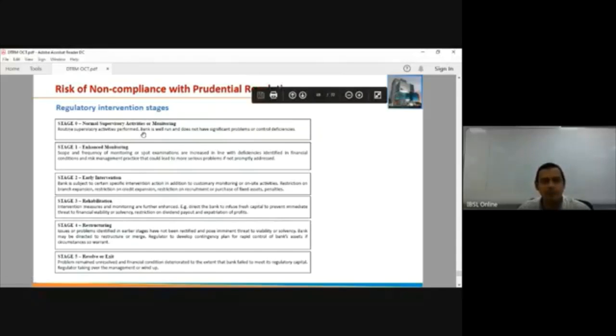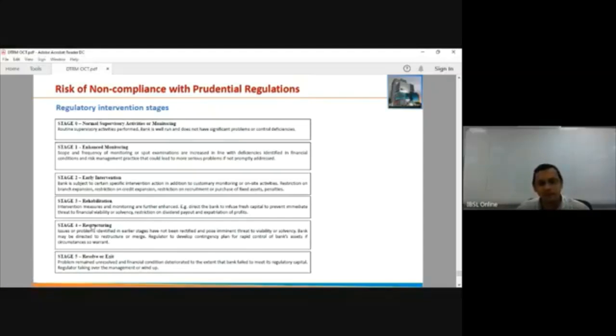Now, if it's a very small thing, the regulator can have routine supervision and enhanced monitoring. If the non-compliance is somewhat severe, we can put a lot of restrictions, as I discussed in the morning, right? So branch expansion, credit expansion, recruitment, purchase of fixed assets, head office building, penalties, and everything we can put.